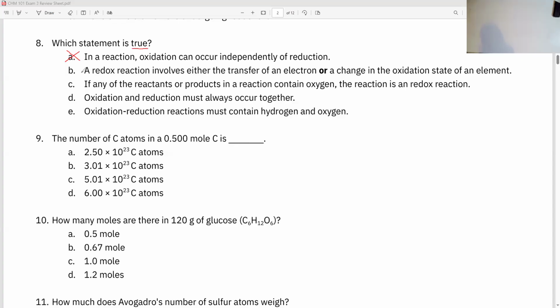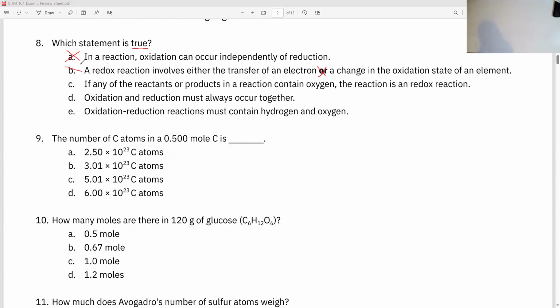Okay. Second statement. A redox reaction involves either the transfer of an electron or a change in the oxidation state of an element. It's both of those things that are always true. This "or" makes the statement false, because both of those things are going to happen in any oxidation reduction reaction.